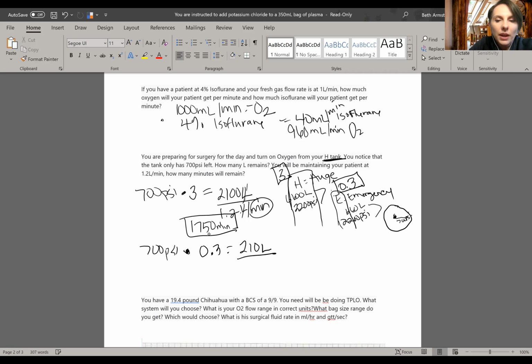And then you would divide by 1.2 liters per minute. And you would end up with probably 175 minutes, I think. That's my guess. Correct me if I'm wrong.